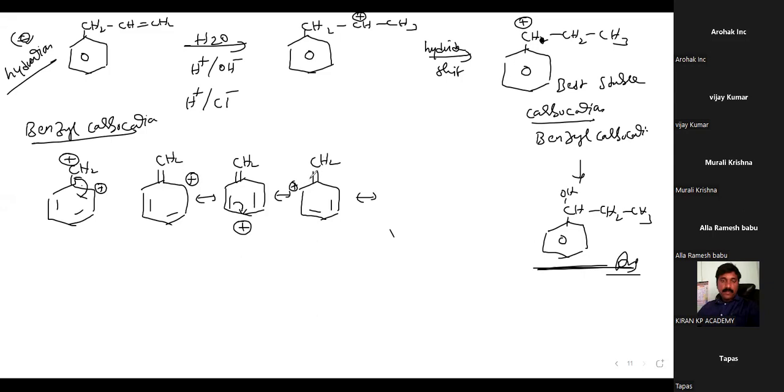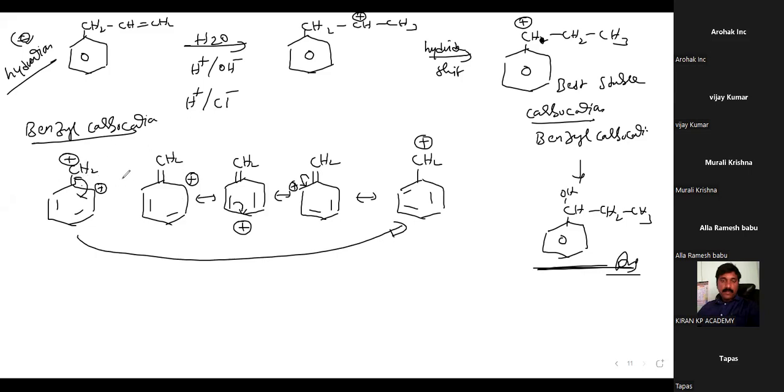Next case, this bond will shift here. You will be getting the molecule in this way. Look at the first structure and the final structure. Throughout the benzene ring there is a conjugation, and this conjugation is extending to the carbocation.